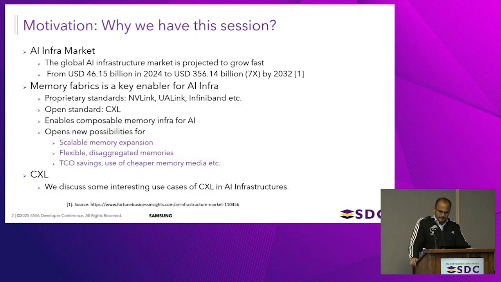Memory fabrics enable composable memory infrastructure for AI technologies, and it opens new possibilities for scalable memory expansion, flexible and disaggregated memory solutions, cost savings, and so on. In this talk, I will highlight some interesting use cases of CXL in AI infrastructure, particularly in RAG pipelines.